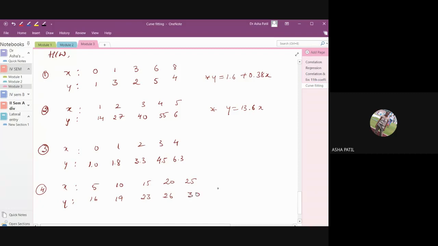I didn't write the answer for this, and one is y equal to 0.72 plus 1.33x, and here y is equal to 0.7x plus 12.3. Try these examples. In tomorrow's class, we'll go for fitting of parabolas.